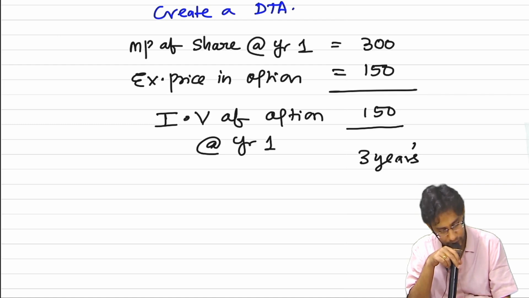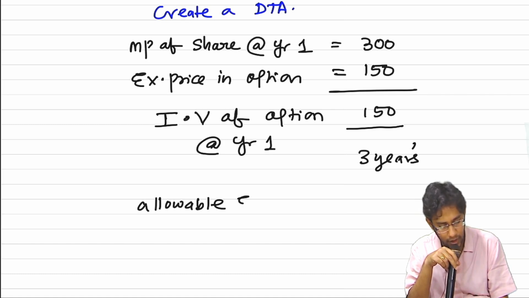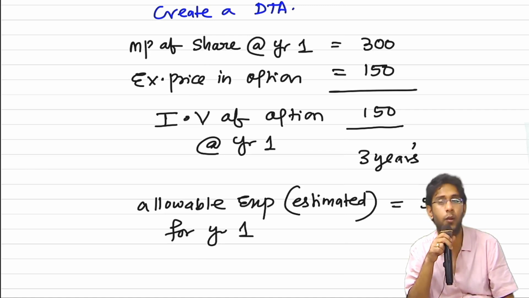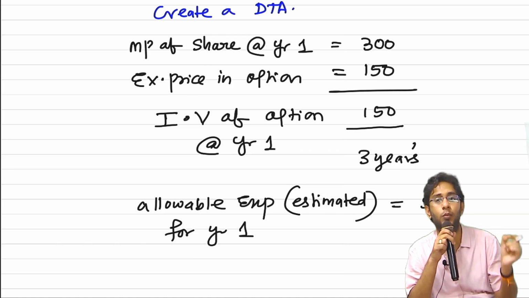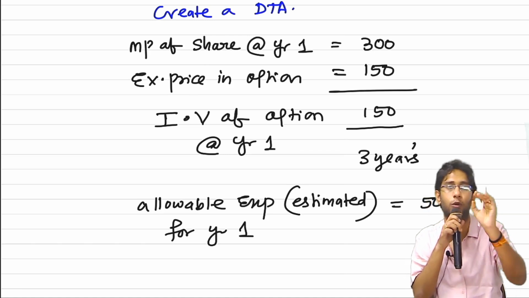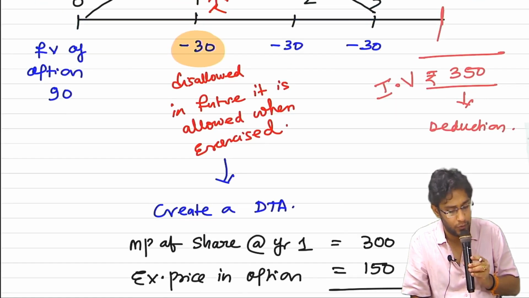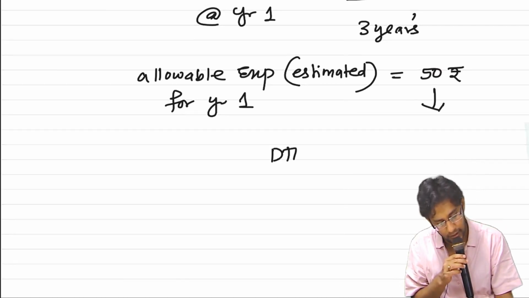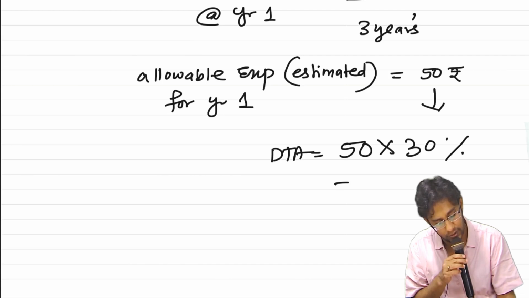So the allowable expense, of course on an estimated basis, this is not certain, for year 1 equals 150 divided by 3, 50 rupees. A deduction you are likely to get. Even though 30 is disallowed, 50 you are likely to get. So how much DTA can I create? DTA is equal to 50 into 30%.